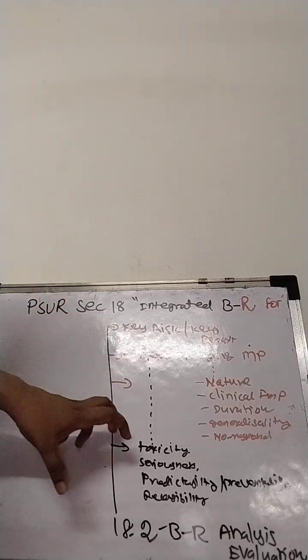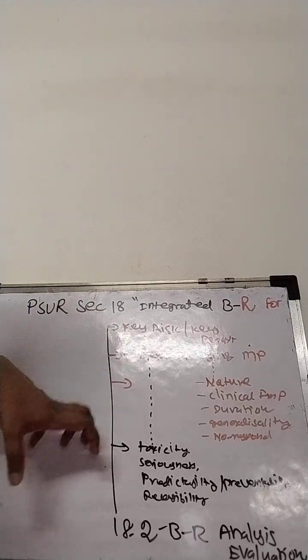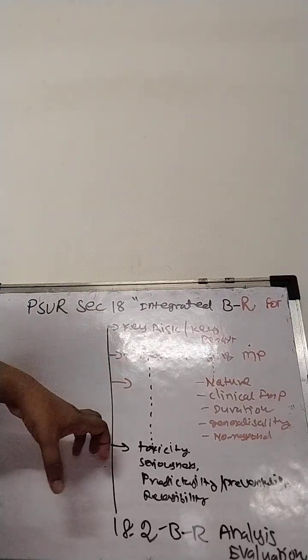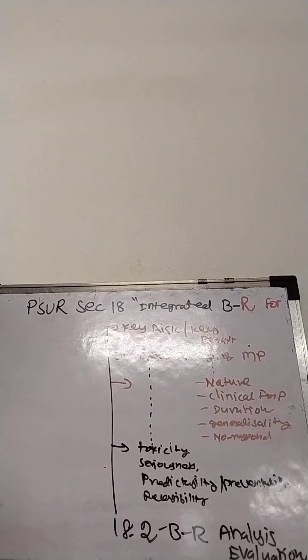We need to keep those factors in mind. And yes, these risks are happening, but they were under control compared to the benefit. That's how the medic will decide, and that will continue in the overall summary. We also need to explain the limitations, so the limitations of the assessment should be described.